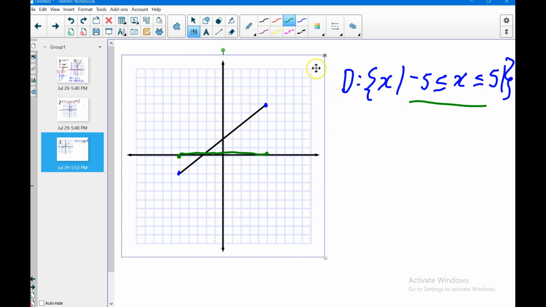The range in this one will go from here. This is negative 2. The range would start at negative 2, less than or equal to y, which is less than or equal to 6.